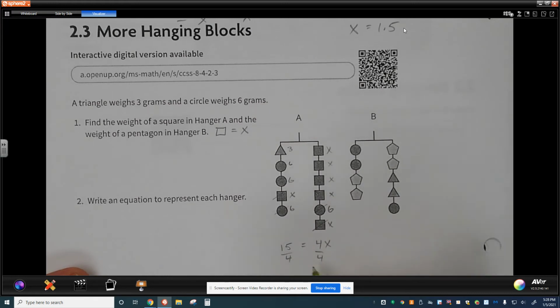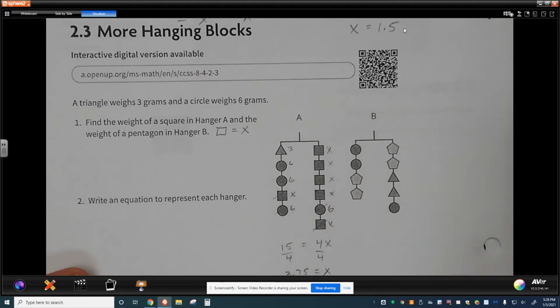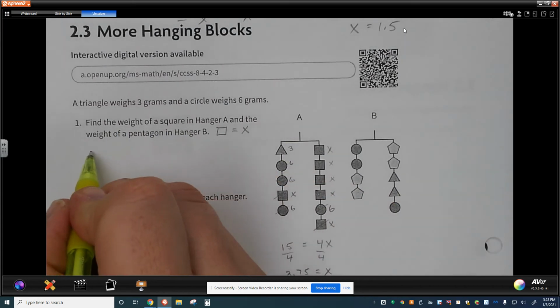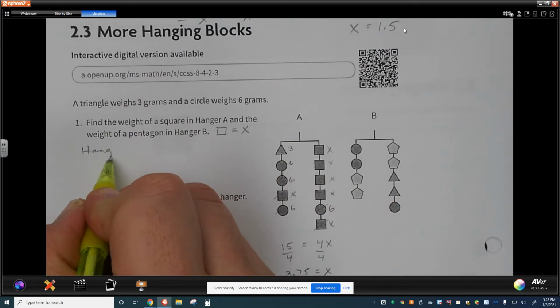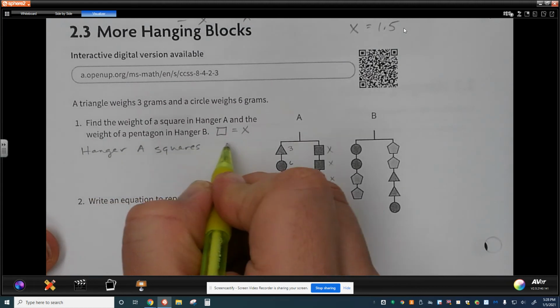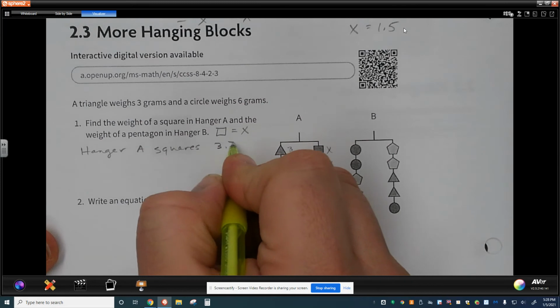And I find out 15 divided by 4 is 3 and 75 hundredths, which is equal to x, meaning that the weight of a square in hanger A, squares weigh 3 and 75 hundredths grams.